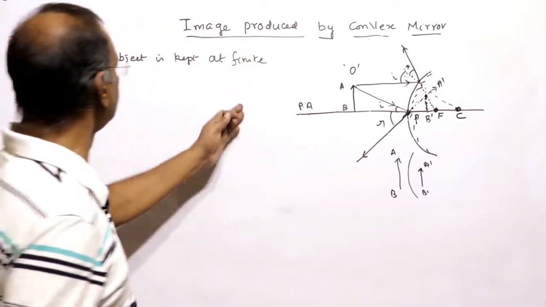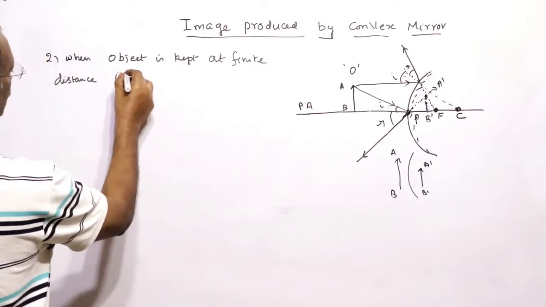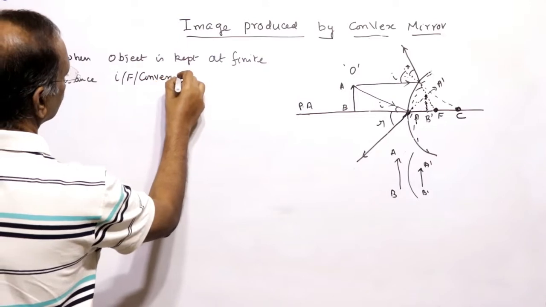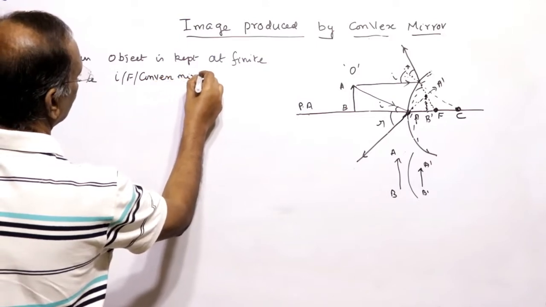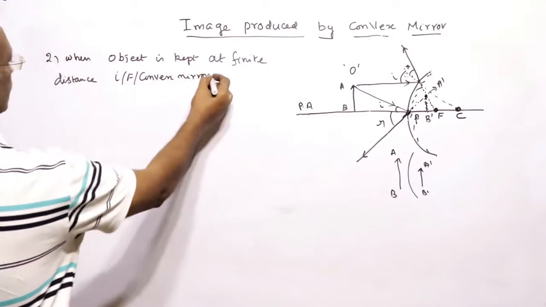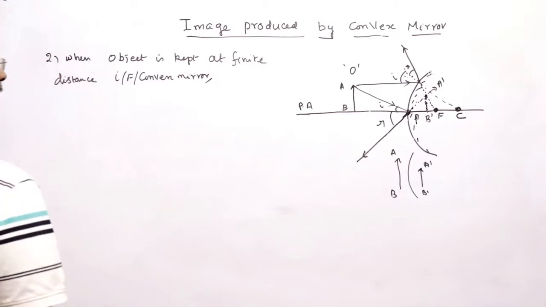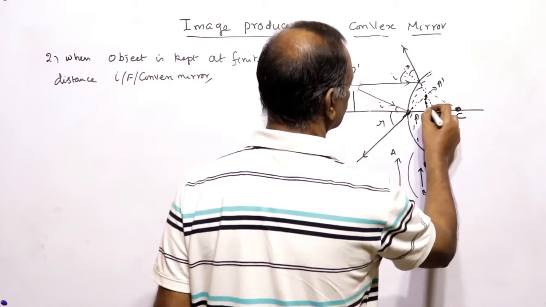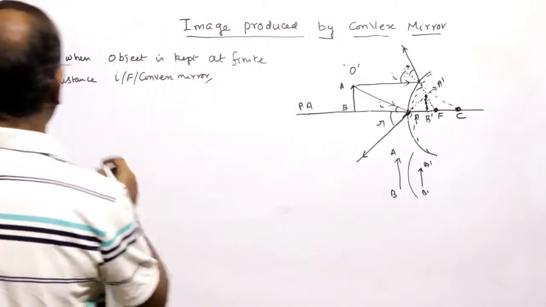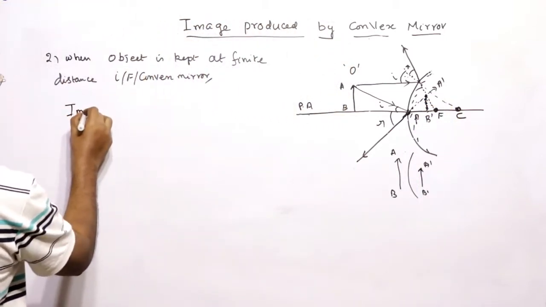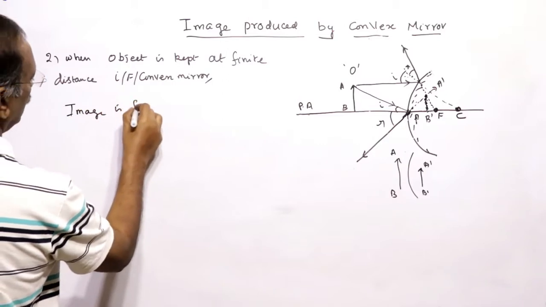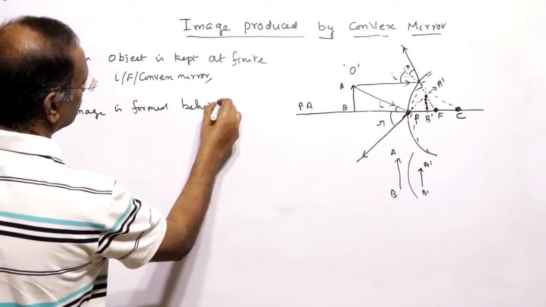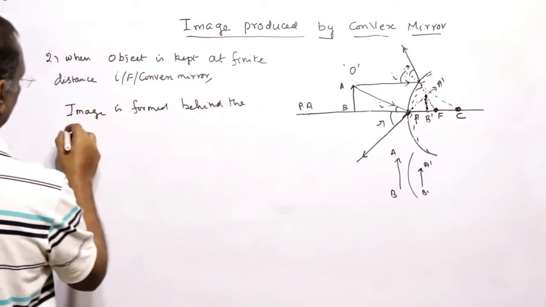Now at a finite distance in front of a convex mirror, the image is formed at this point. How is the image formed? The image is formed behind the mirror.